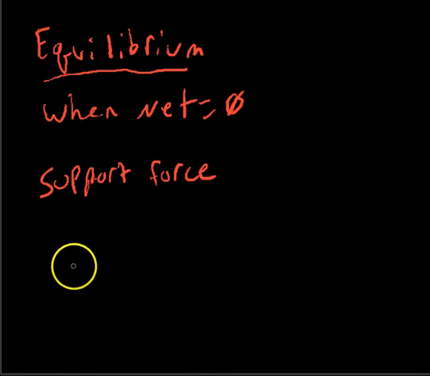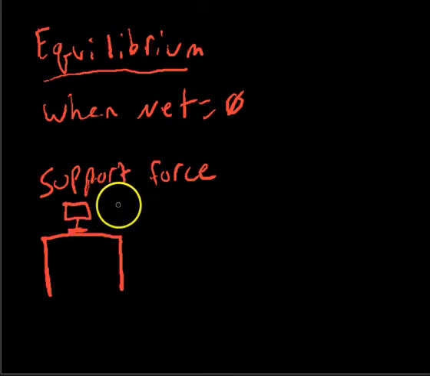So if my computer is sitting on my desk right now, my computer is pushing down. Here, let me draw it for you. Here's my desktop. Let's say it weighs 15 newtons, just for simplicity's sake. It's pushing down on my desk with 15 newtons.